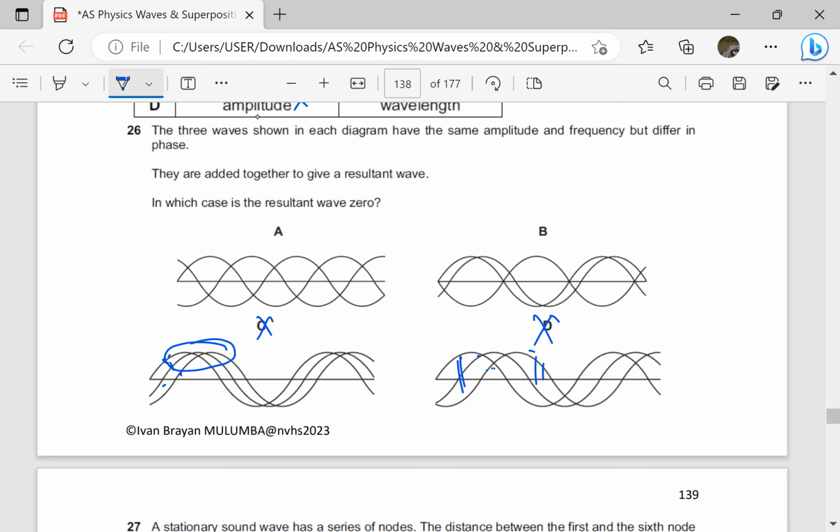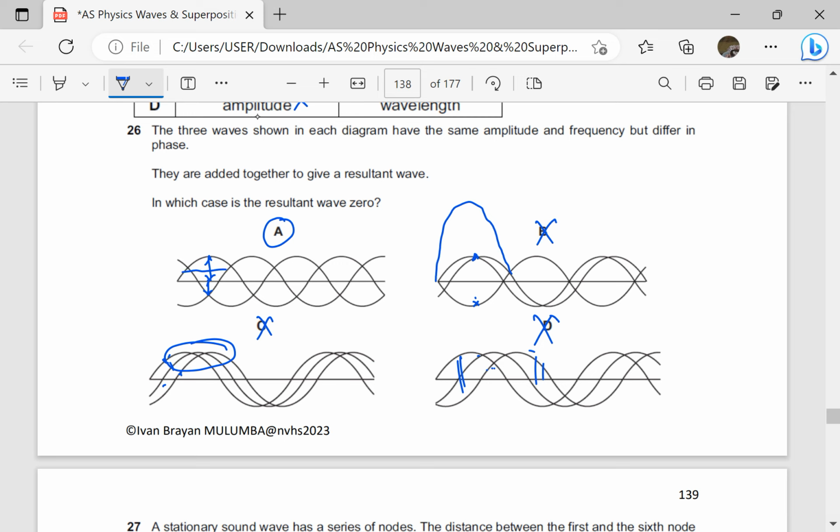This one will be wrong because these two, when they add up here, they give a larger displacement. Yet at the bottom, we have a displacement which is half of this one. So it means there will be no total cancellation. So this is also wrong. So the answer will be A. You notice that this is almost half of this.